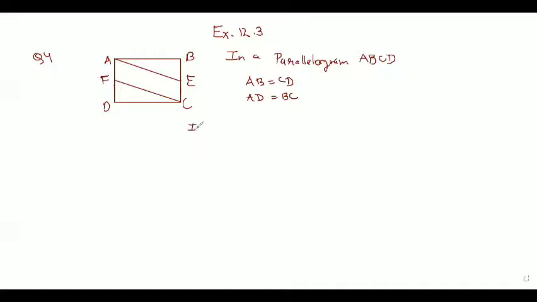Now, in triangle ABE and triangle CDF, we will take both these triangles. Now, AB equal to CD. Why? Opposite sides of a parallelogram.